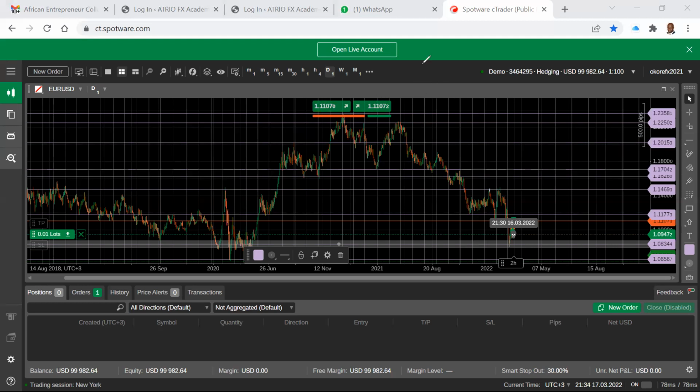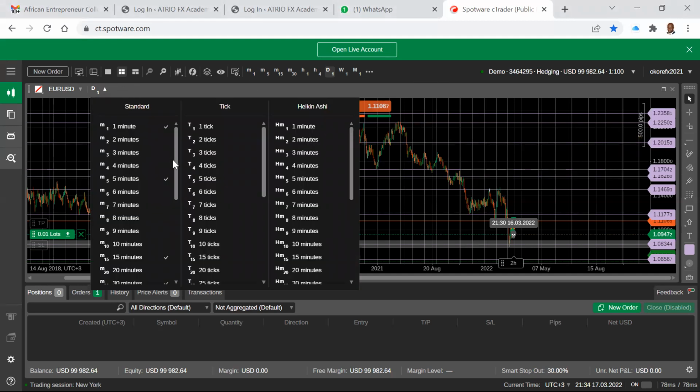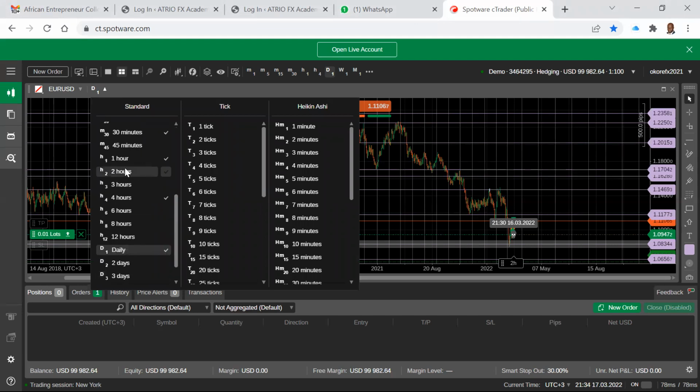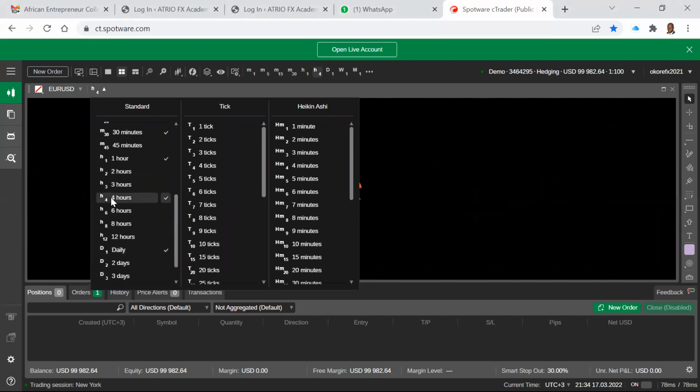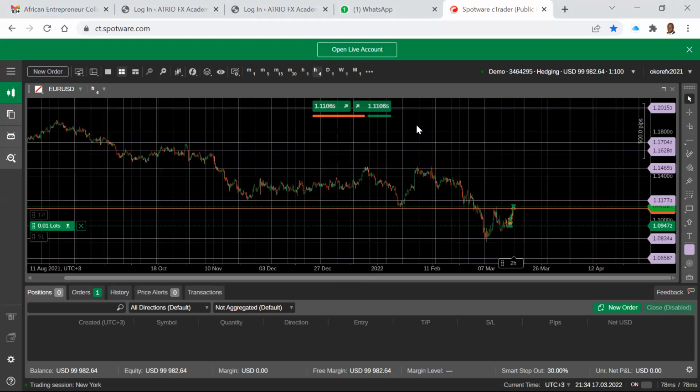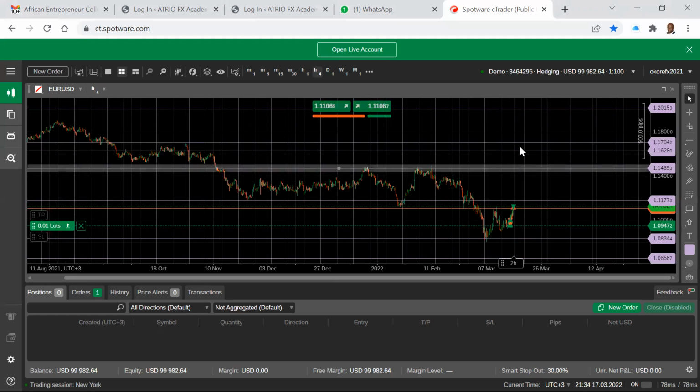Now, some people prefer to draw them like this. Now, let me look now at the 4 hour. That was daily. I will look at the 4 hour. Okay. So this is the 4 hour chart, which is different from the daily. So I can remove all these lines.